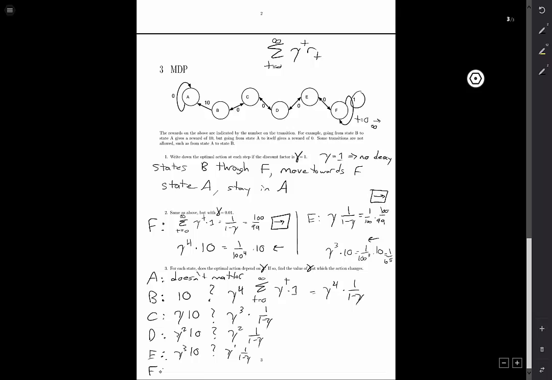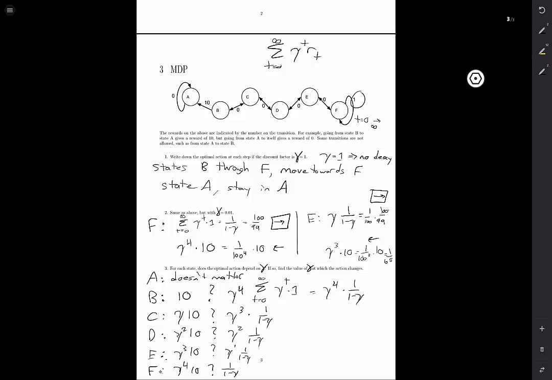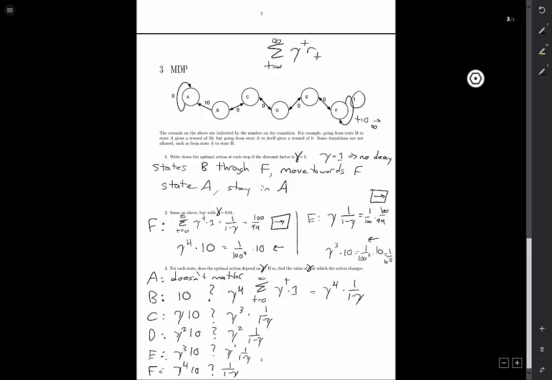And for F, we're the furthest away from the B value. Well, it's actually just 1 over 1 minus gamma right there. So depending on the value of gamma, that'll decide whether the question mark is a greater than or a less than.